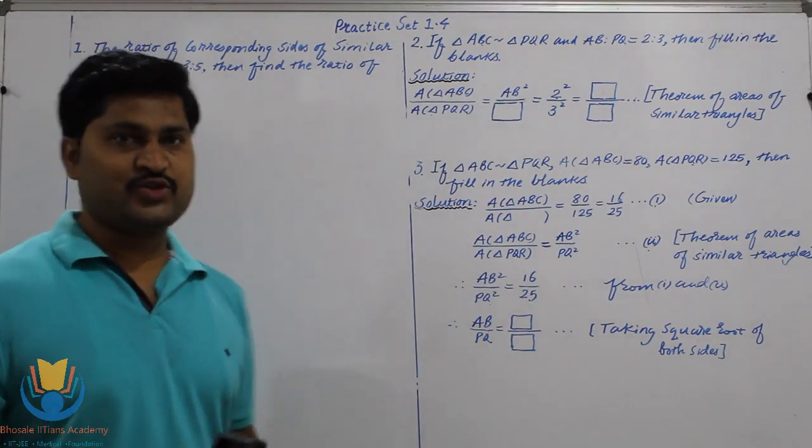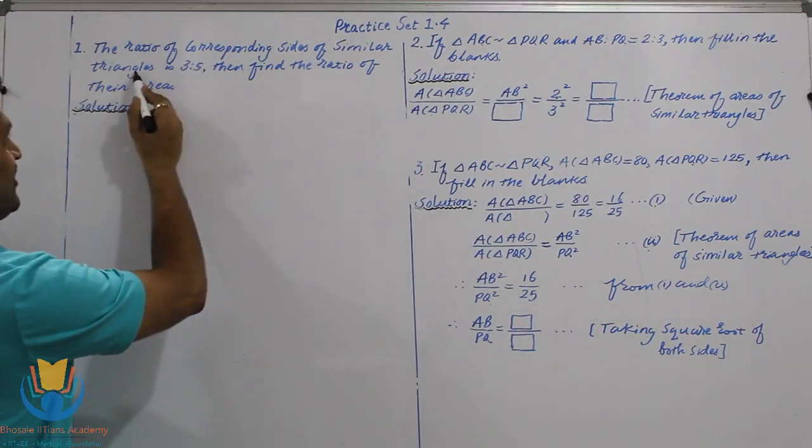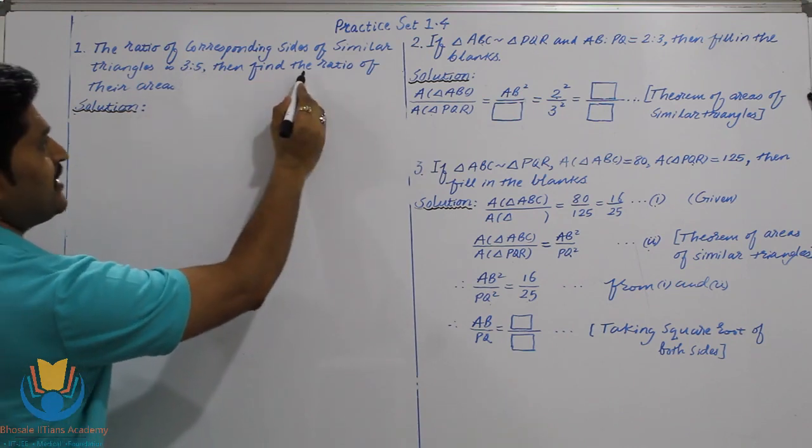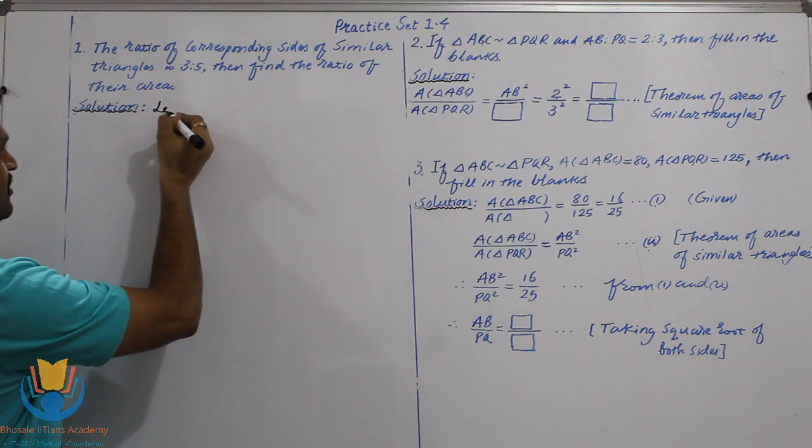Let's start first question. Here the ratio of corresponding sides of similar triangles is 3:5 and we have to find the ratio of their areas. So for that we will assume something.